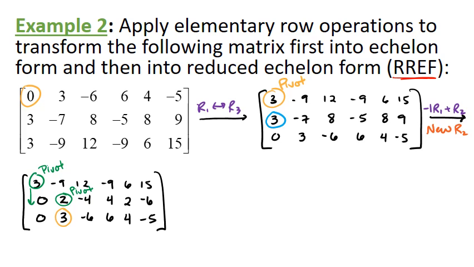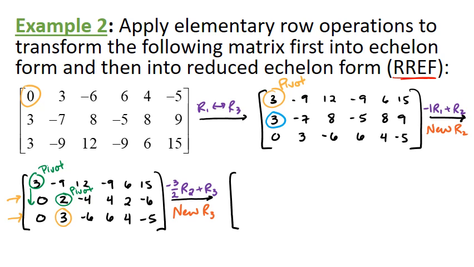So I need to think about what I can do to make that a 0. And I'm going to do something with row 2, add it to row 3 to become the new row 3. So think about for a moment what you would need to do to make that entry a 0. Hopefully you came up with taking -3/2 times row 2 and adding it to row 3 to get the new row 3.